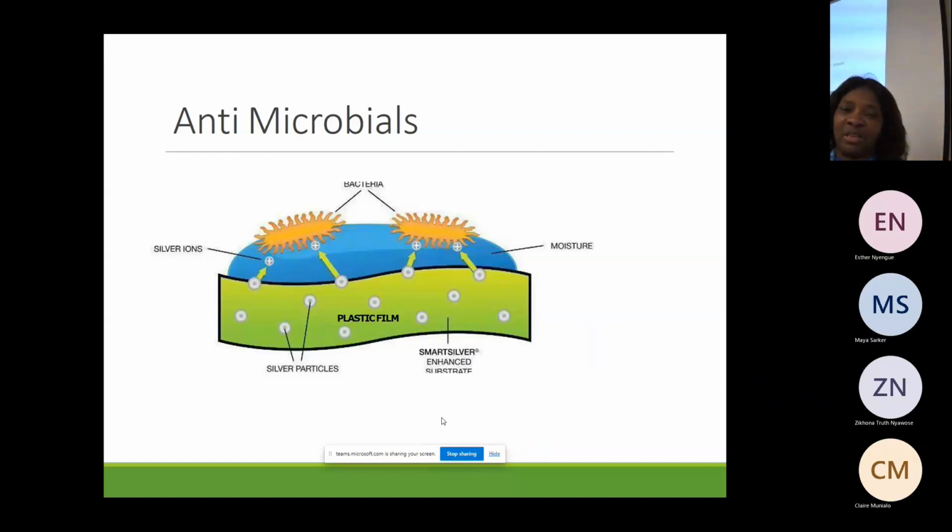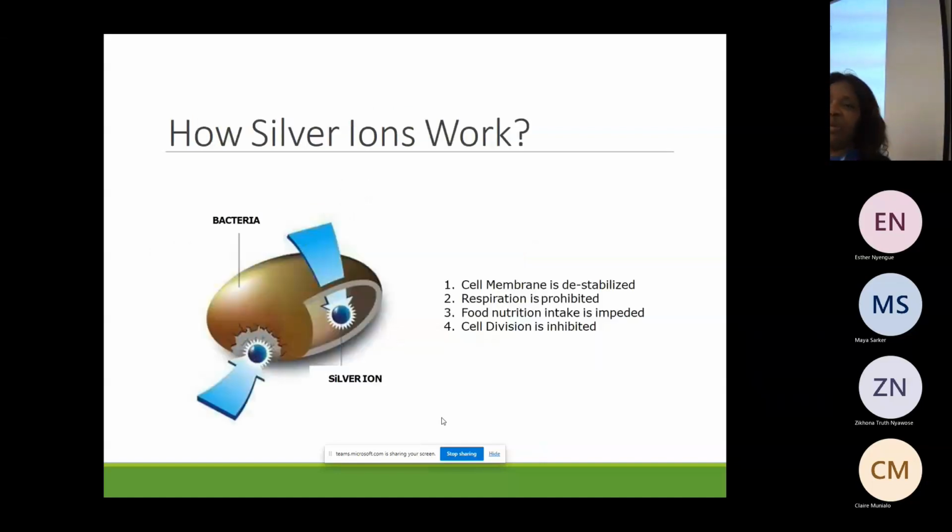So you tend to see the silver ions put on the plastic film, and then the plastic film lines the inside of the packaging, and each time it gets in touch with the microbes, they are killed, which means the microbes have no chance of multiplying and spoiling the food. So it's one of the technologies that they use.